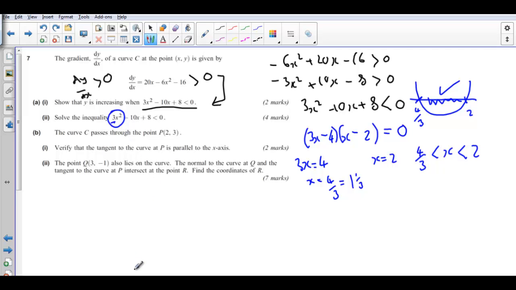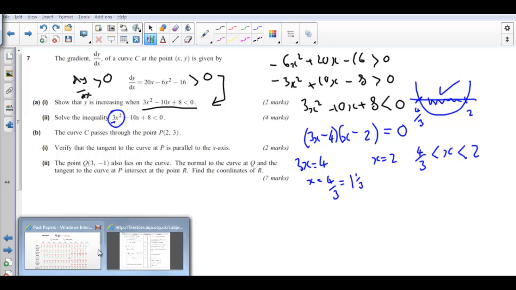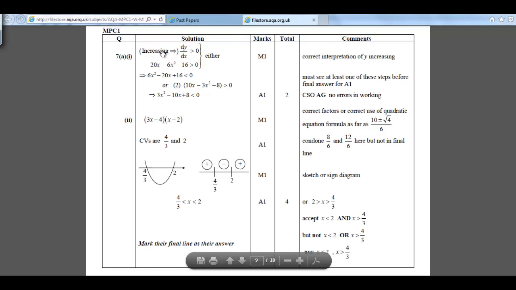Okay, at this point, let's just check the mark scheme before we go any further. The mark scheme says: correct interpretation of y increasing. So it's a bit cheeky, like the question sort of reversed itself. Understanding that increasing means dy by dx is bigger than 0, sticking that expression equal to 0, gets us 1 mark.